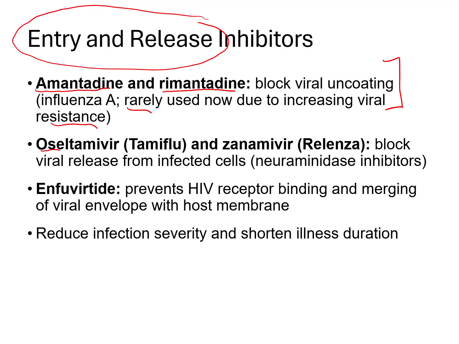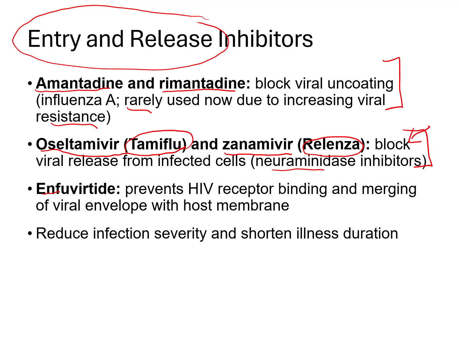We also have oseltamivir, also known as Tamiflu, or zanamivir, more commonly known as Relenza. These block an enzyme called neuraminidase, and this prevents viral release from infected cells. So remember, viruses need to exit the host cell to attach to more host cells, and this prevents that from happening.